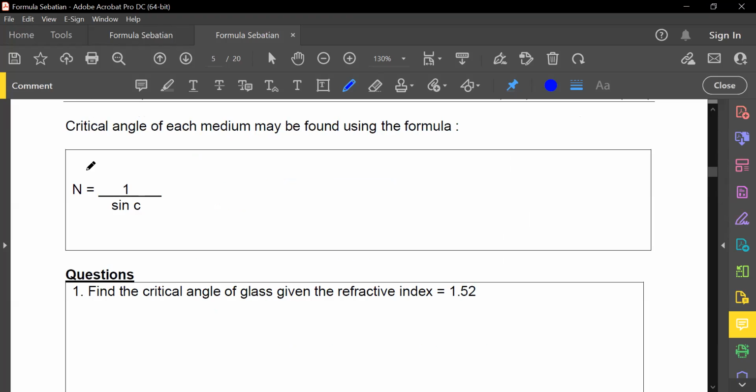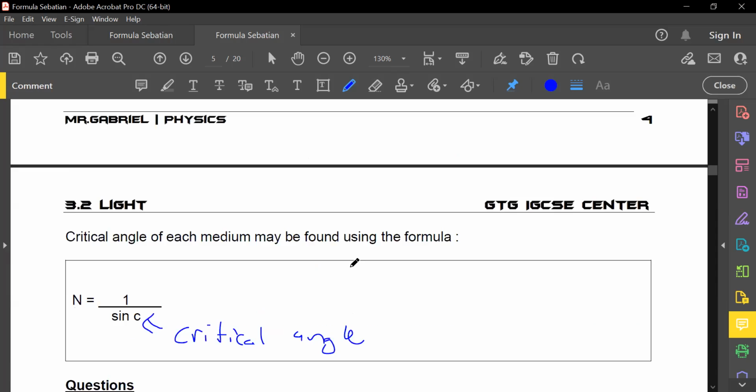This n is yet again your refractive index. This C is your critical angle here. Copy this down first. We'll continue this next week. I'll repeat a little bit more on this chapter next week as well. Just 4 questions. Just attempt it.